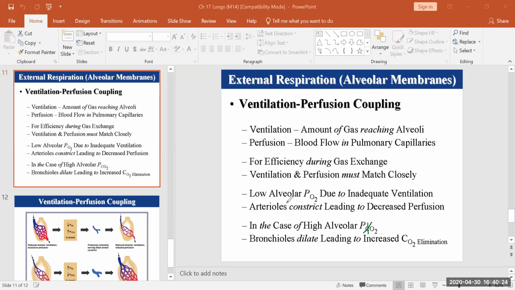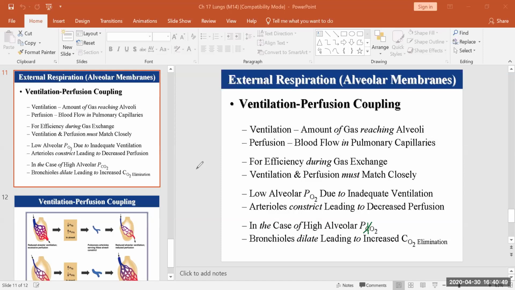Okay, so that is the ventilation perfusion coupling, the direct relationship between the amount of air available for gas exchange and the amount of blood flow in the capillary bed. If ventilation increases, if the amount of air is available, then blood perfusion increases. If ventilation drops, blood perfusion drops.